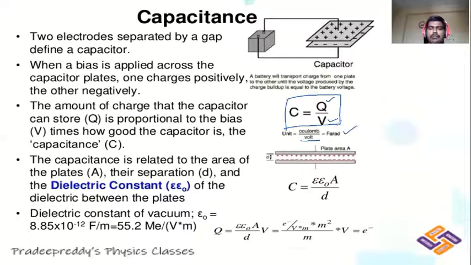Generally, when you are dealing with the unit of capacitance, it will be written like 10 microfarad. This micro stands for 10 power minus 6 farad, or 10 picofarad, or 10 millifarad. So farad is a very large unit of capacitance.